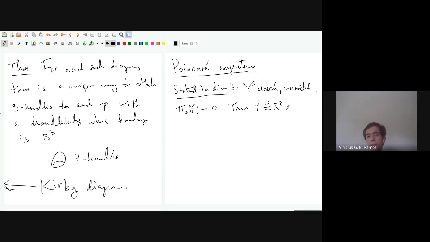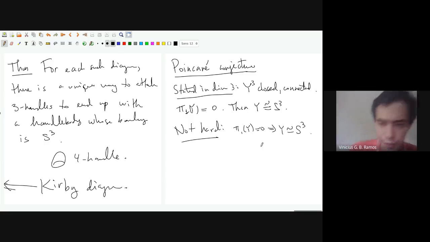But what Poincare proved, I think it was an intermediate step. So I think it's not so hard to prove that if pi1 equals 0, it implies that Y is homotopy equivalent to S3.